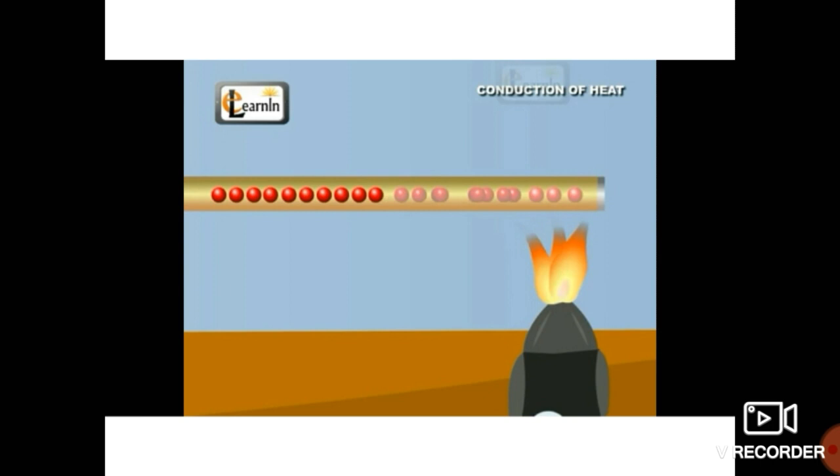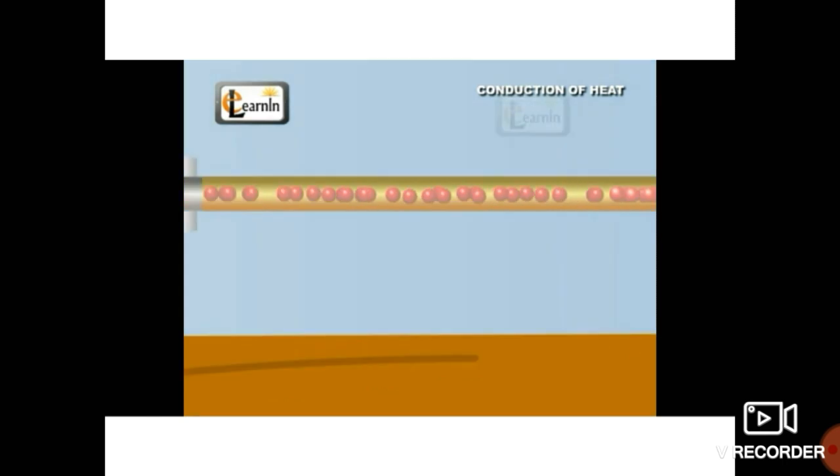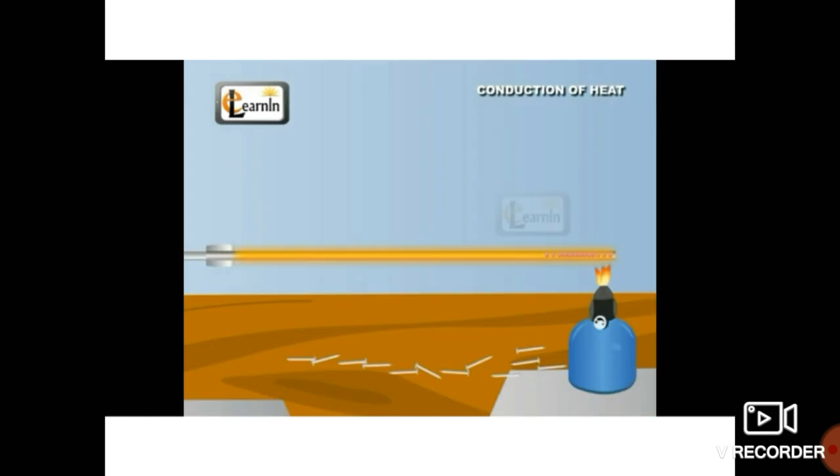These vibrations are passed on to the neighboring molecules and make them also vibrate. This phenomenon is repeated throughout the length of the rod.